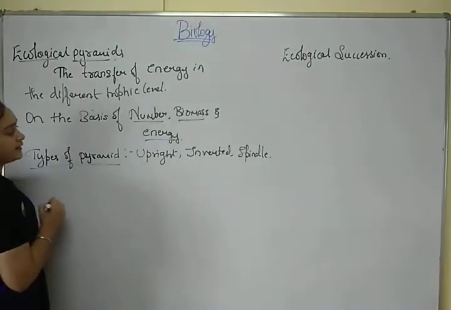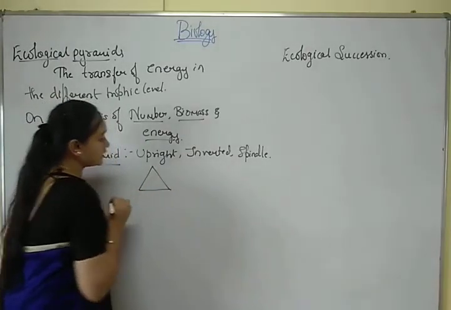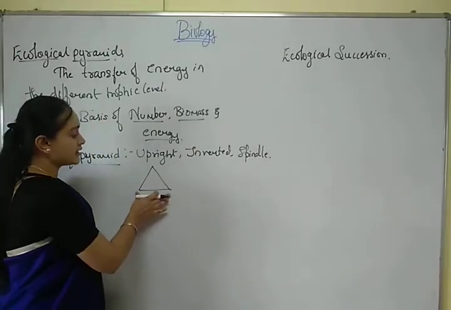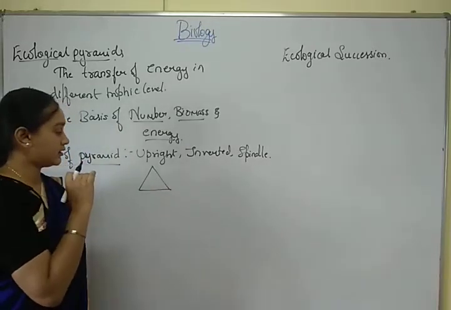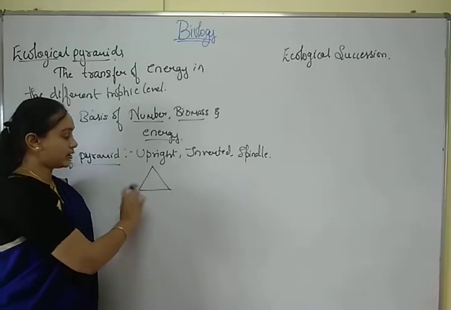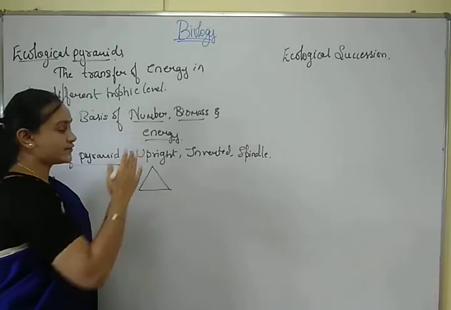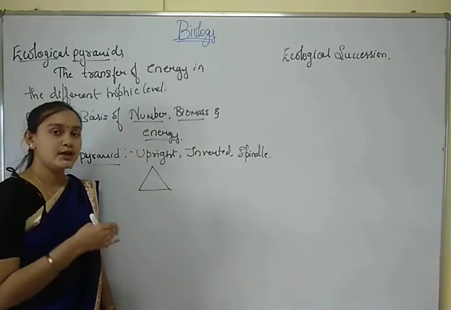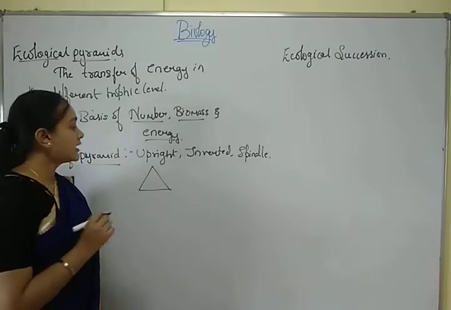Here upright means it is in the triangle form. We can see that the base is larger. The lowermost trophic level occupies the more number. As we go on, the number or the biomass or the energy will keep on decreasing. So this one is upright.